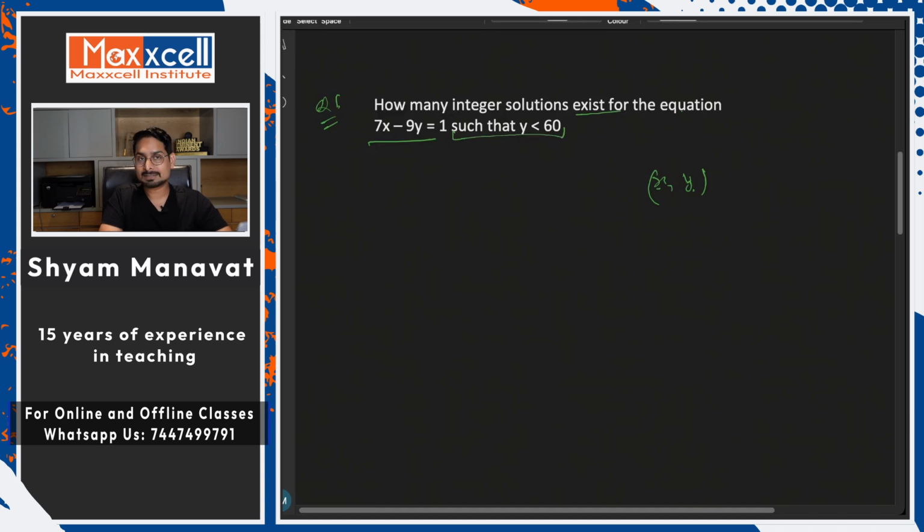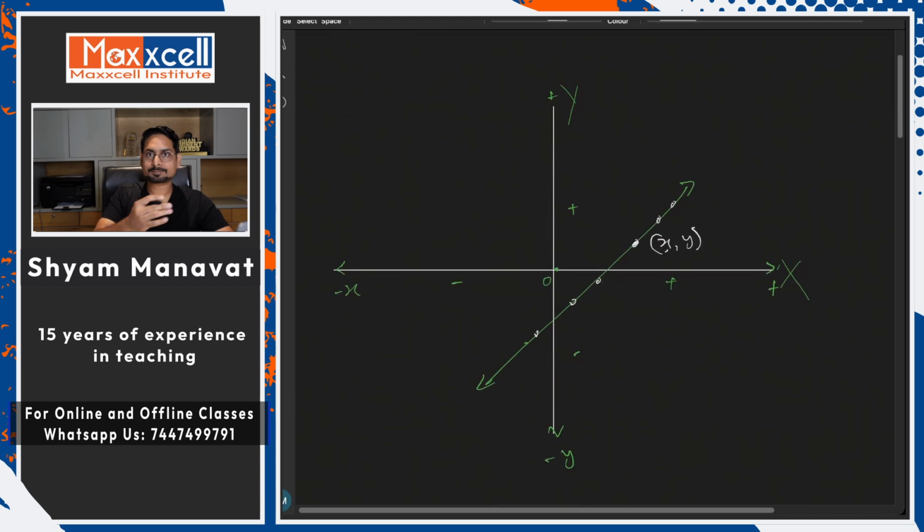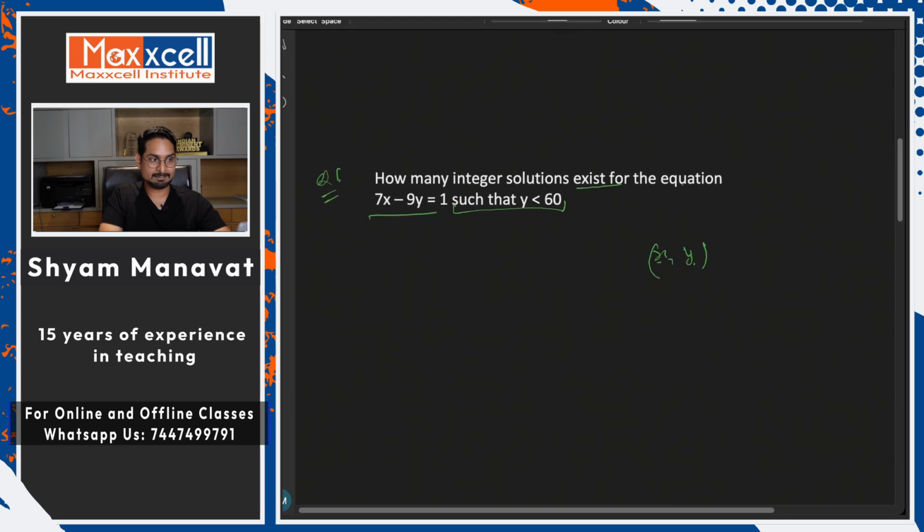This condition is important because this straight line may have infinite points. A line can be extended from both sides, so it will have countless points. So it's important to have a condition. Look at the condition also.